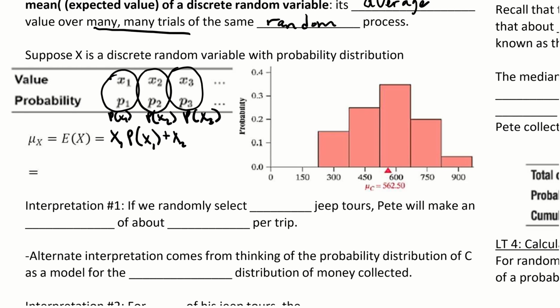Plus x2 times p of x2, dot dot dot. So in other words, the formula is simply the sum, that's when you add, of when you multiply x and p. So xi times p of xi, the sum over i.